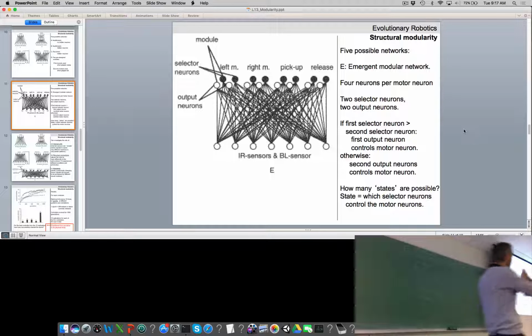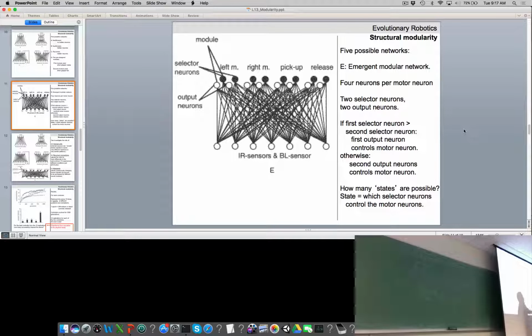Okay, so another way to see the modularity in this network is to think about all the possible modules or states that exist. I'm putting states in quotation marks here because really this is just one big continuous system. So we're going to define states as which of the two in a pair of selector neurons controls the motor neuron.